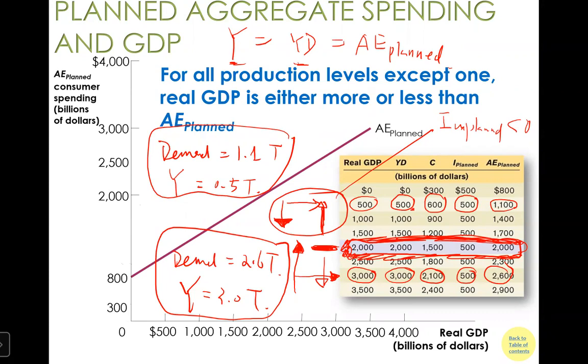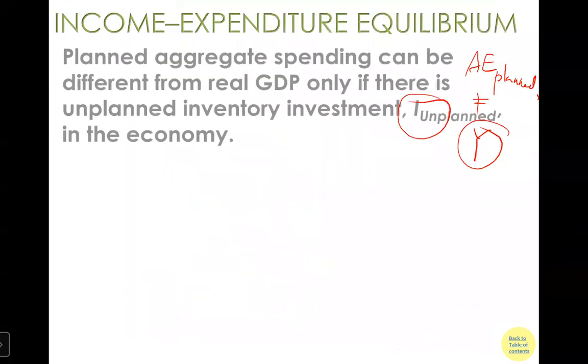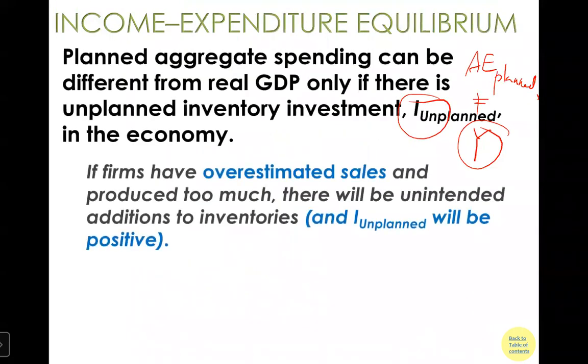On the other hand, if we are in this region, then you have I unplanned positive. Okay, so you don't have enough demand. So you start to accumulate piles of inventory. Right? So this is what happens. Now, there are 2 scenarios.